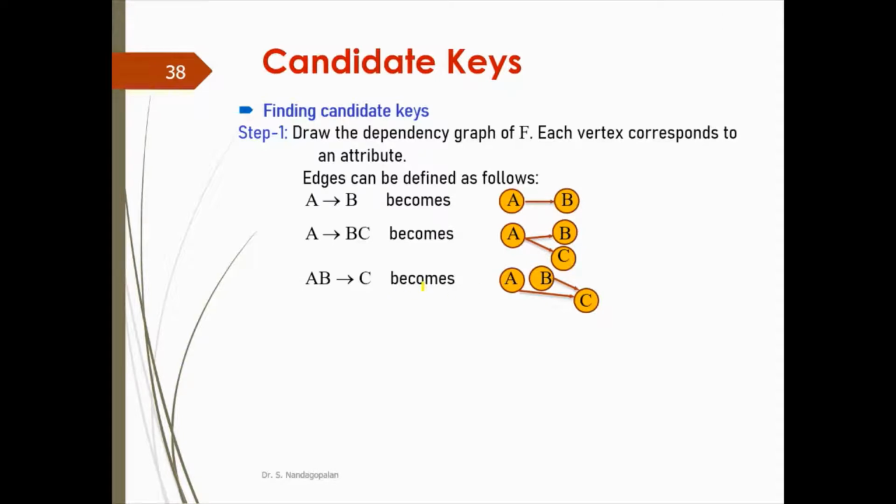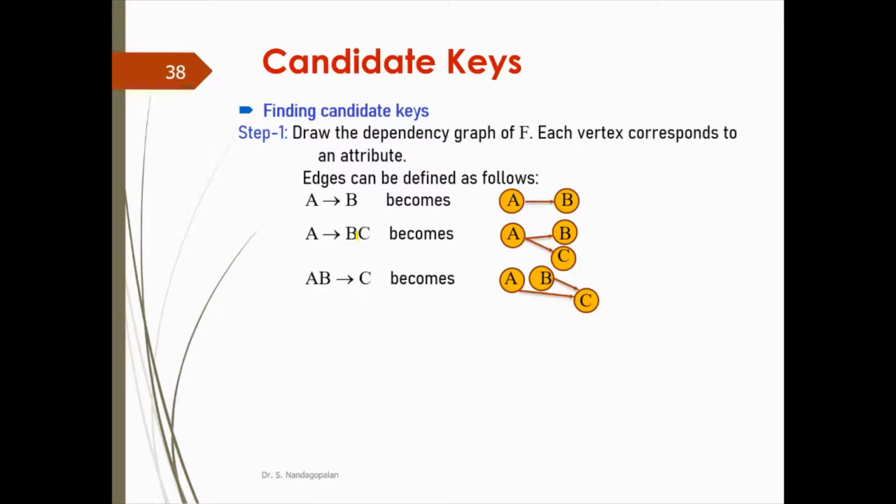Supposing I have another FD like A and B arrow C, then I would draw a directed edge from B as well as from A, which points to vertex C.